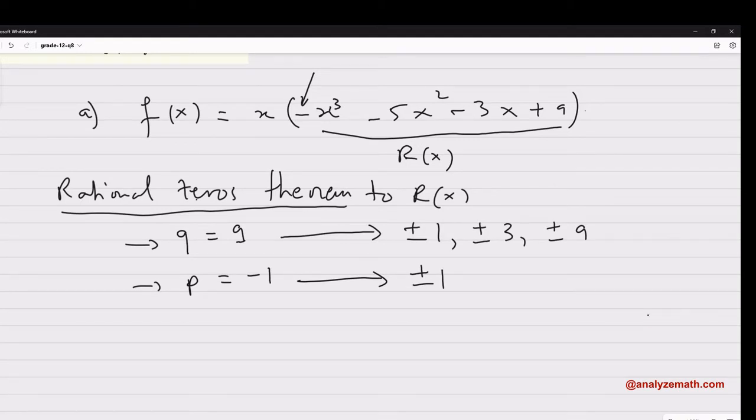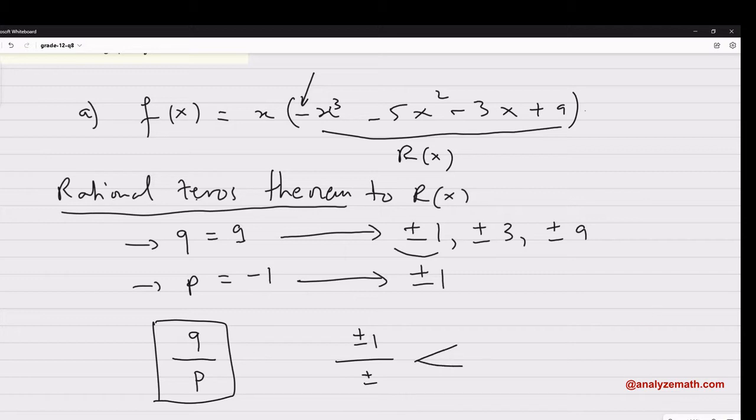Now if R(x) has a real zero, it will be given by the ratio of the factors of q over the factors of p. Good. So let's start with q equal to plus or minus 1, divided by p, which is plus or minus 1.